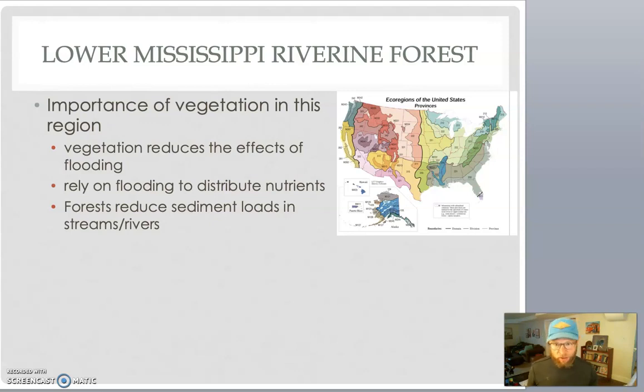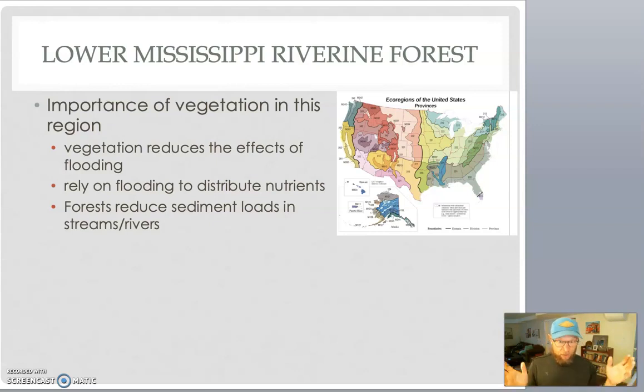With those forests removed, we see a lot more negative impacts of flooding in the region. As you might imagine, lots of those forests have been cleared over the last century or so to make room for agriculture.